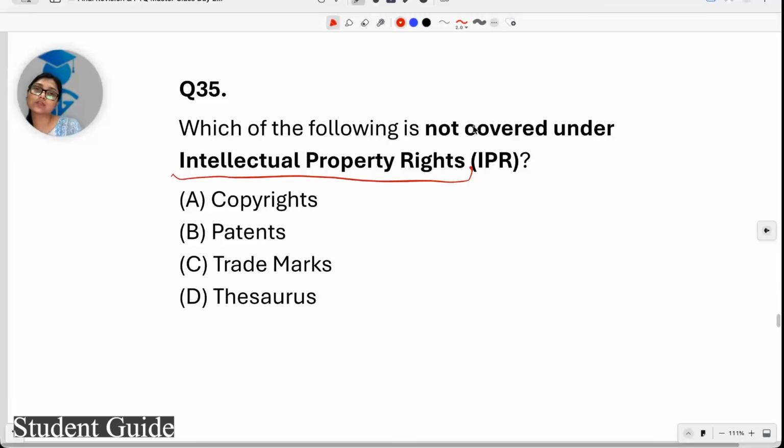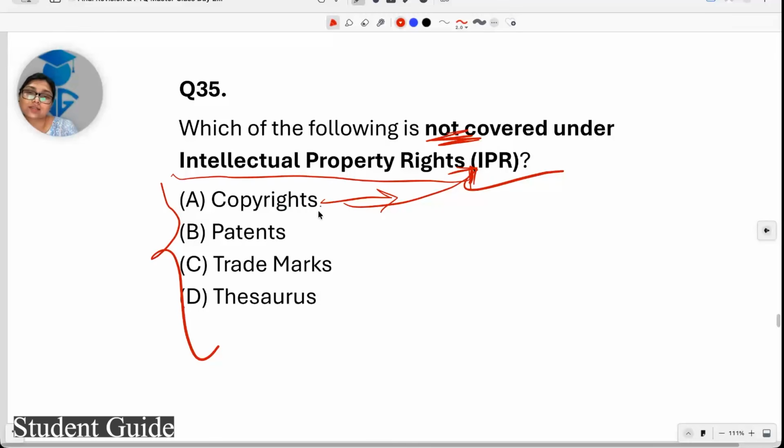So we need to check for what is not covered under IPR. We need to check these options. Okay, so you already know that copyright actually comes under IPR. So we need to find the not covered one. As copyright is already under IPR, this is not the correct answer. Then patent.